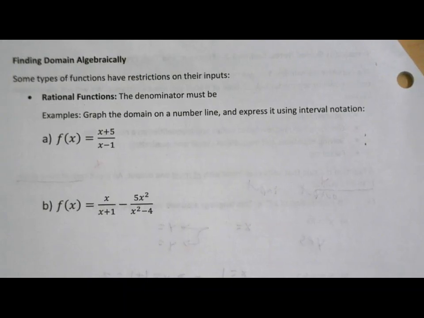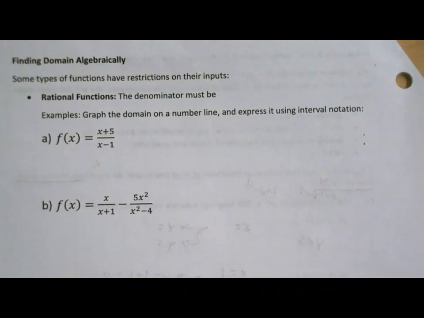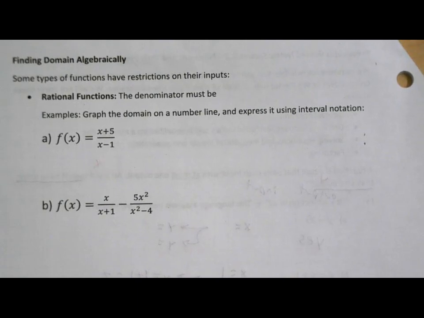All right, when it comes to finding the domain of functions algebraically, what we need to do is look at the equation of the function and ask ourselves the question, what could break this function? You guys have learned some rules about math, some things that we are not allowed to do in math. One of them involves fractions. What is the big rule about fractions? What can we never do with a fraction in algebra?